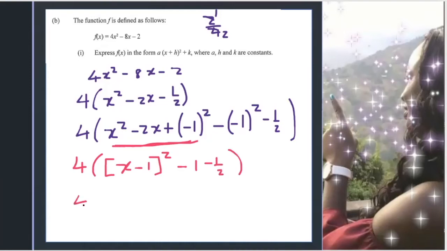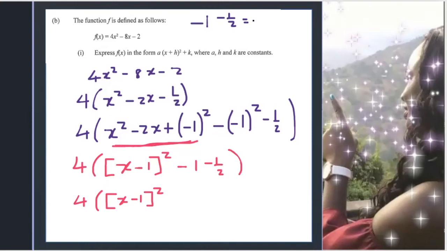Now 4 open bracket, then I have x minus 1 square, minus 1 minus a half. It's like saying 1 plus a half, that's 1.5.